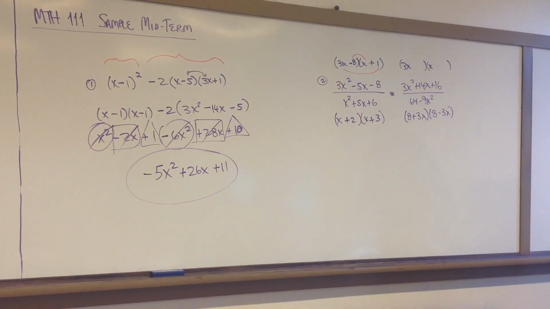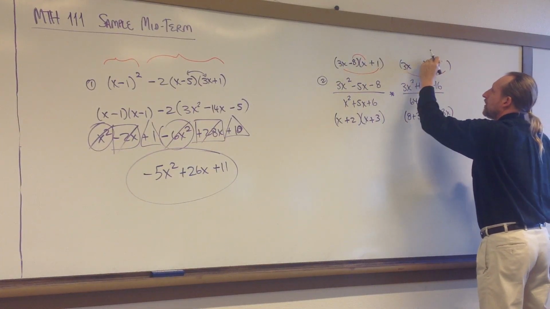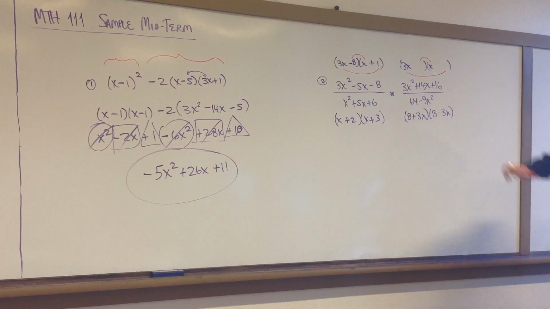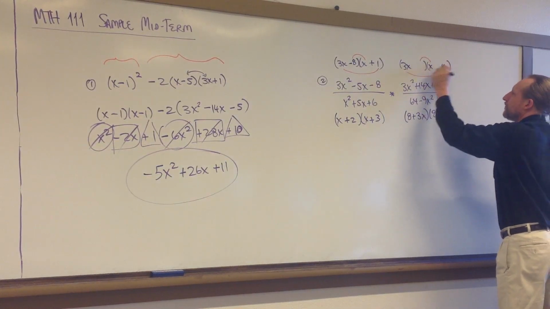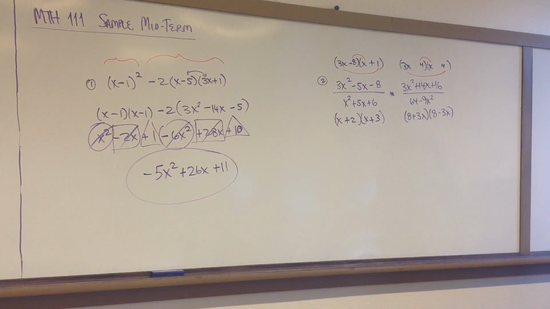So let's see, if we do 8 and 2 here, these are the multiplications that we want to add up to 14. If we put 4 and 4 in there, you'd have 12 and 4 is 16. Is that right? 12 and 4 is 16.